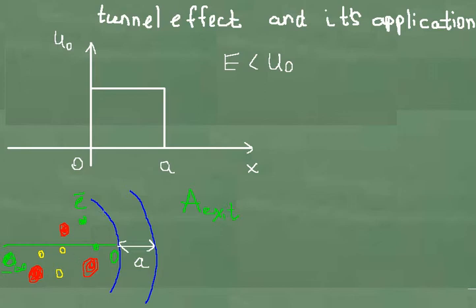But there is a possibility for this electron to realize some channel, to jump into this channel, and go outside without spending any energy at all, and then it will leave this region and close this channel, and we have the electron here.